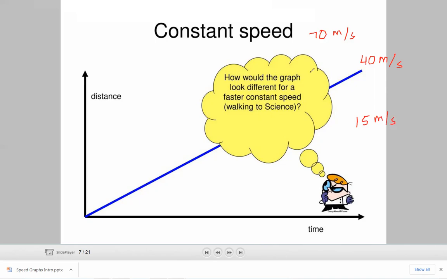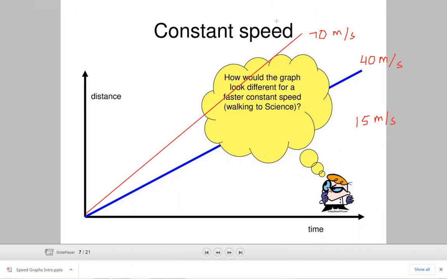So the faster the speed is, the steeper will be your graph. So for a 70 meter per second speed, we would again have a straight line, but it would be steeper than the blue one.